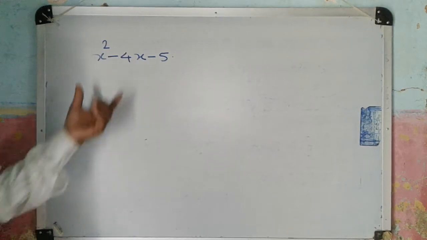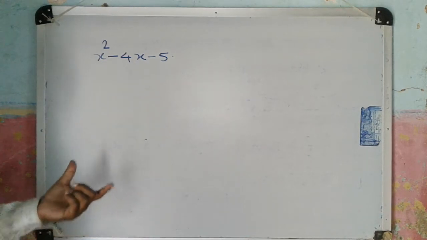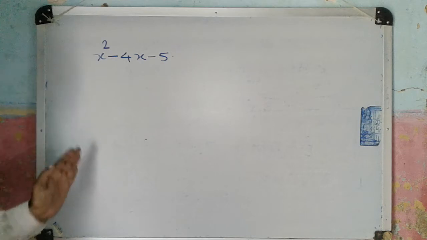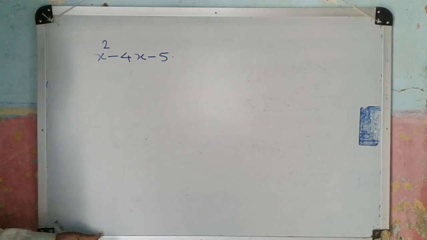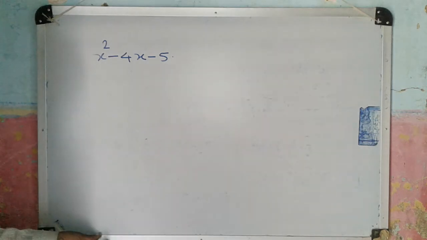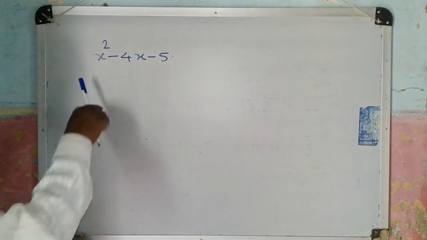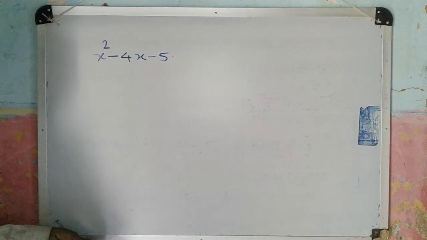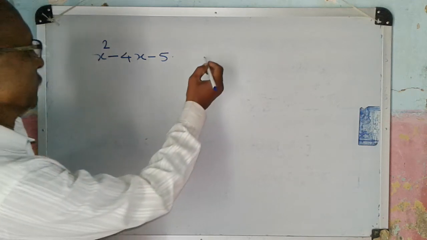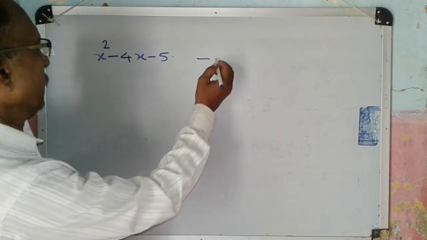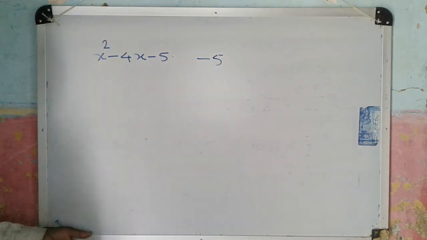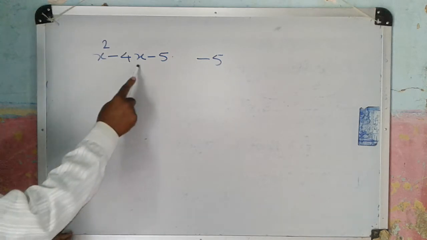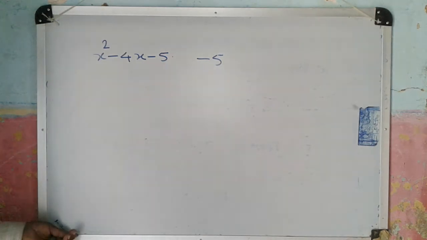And already we have studied how to find the factors of quadratic polynomials. Now we will revise how to find the factors. Here, first we have to divide the middle term in two terms.